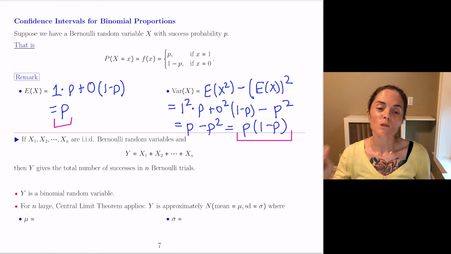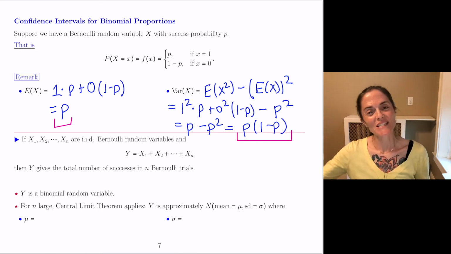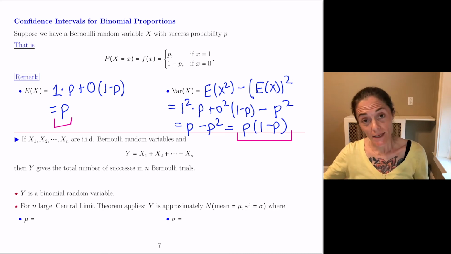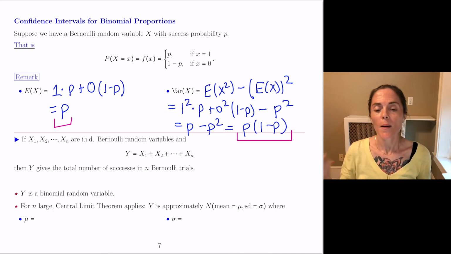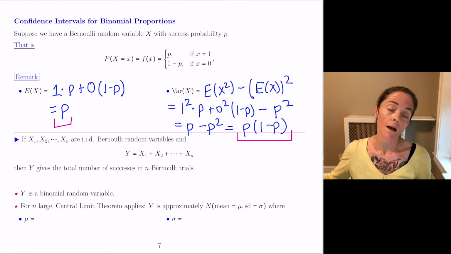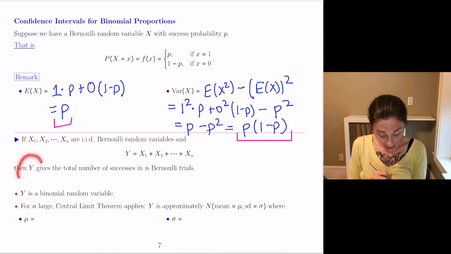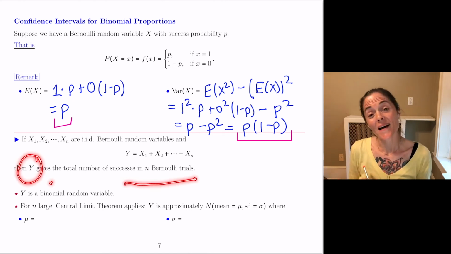Now, suppose we have a random sample. And what I mean by this is X1, X2, out through Xn are independent and identically distributed Bernoulli random variables. Let capital Y be the sum, X1 through Xn. Just think about this for a moment.